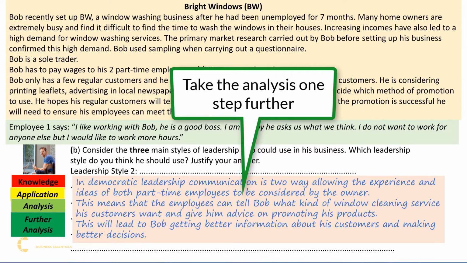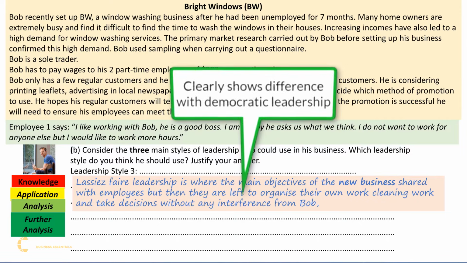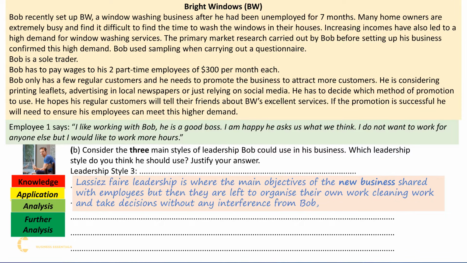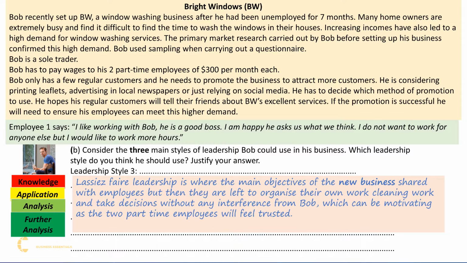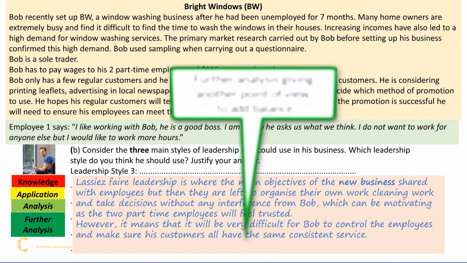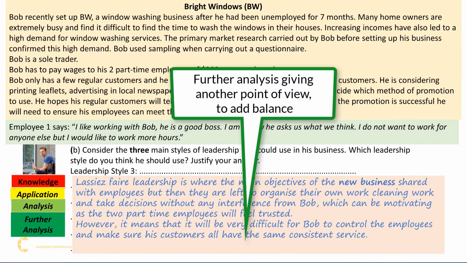For laissez-faire, it's important to clearly explain why it's different from democratic, so the employees have much more freedom to carry out tasks as they choose. With this one, the further analysis is giving another point of view, and again adding balance to the discussion.